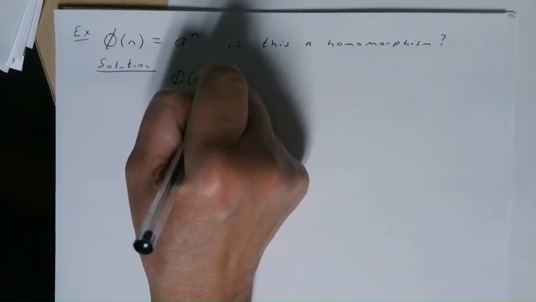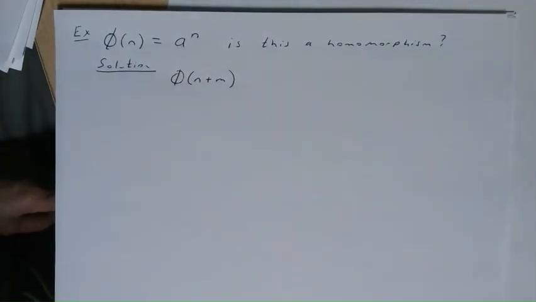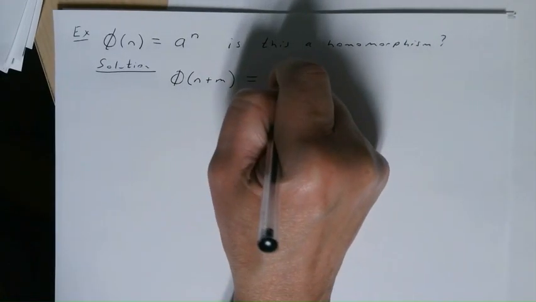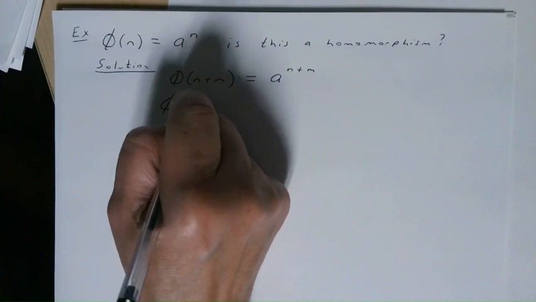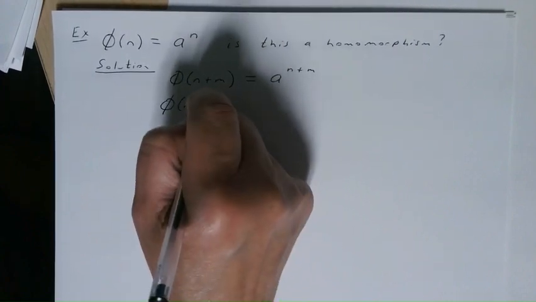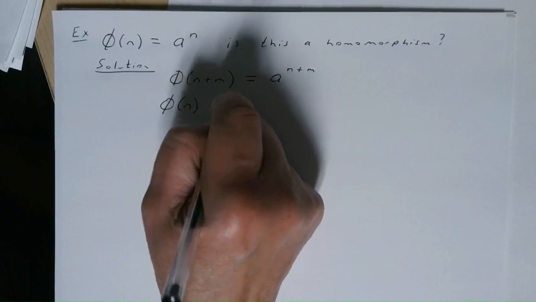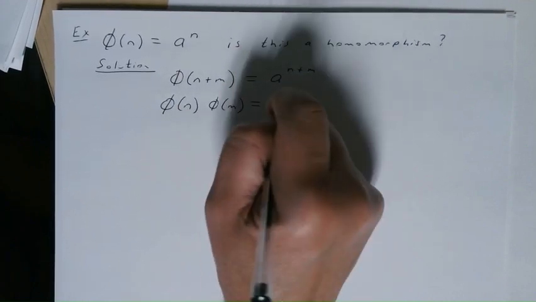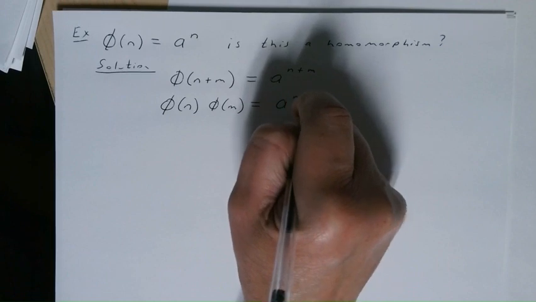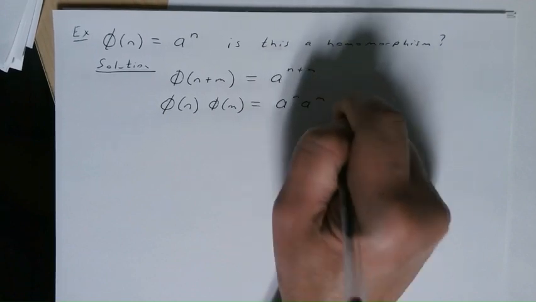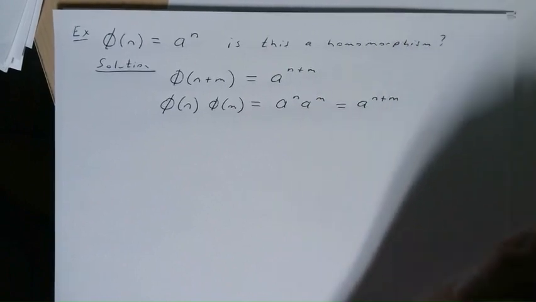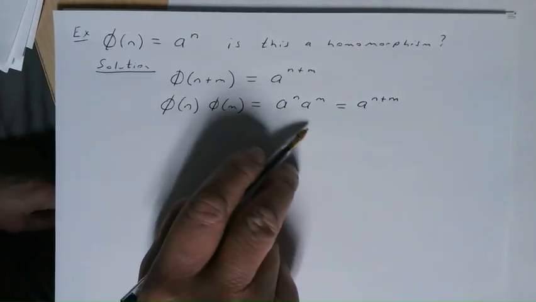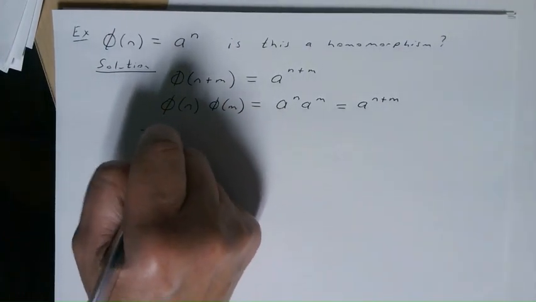Phi of n plus m is equal to a to the n plus m, like that. And now let's try the individual ones. Phi of n, phi of m. This is going to be a to the n times a to the m, which is a to the n plus m. Again, those are equal. So this is a homomorphism.